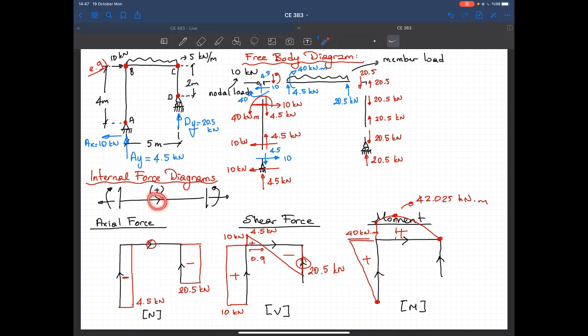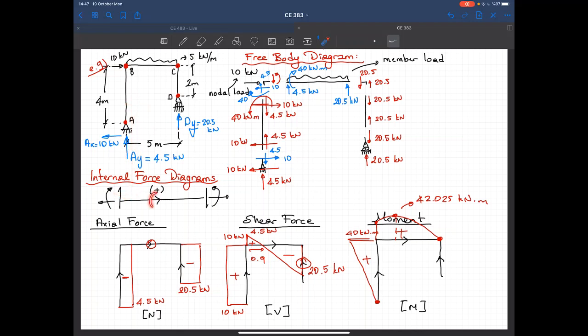These arrows will help me to determine the direction of the forces at the beginning and ends of the members. So here I define my members going from bottom to top. So I rotate that sign convention by 90 degrees. When you do that, this will be your sign convention, and these are the positive directions of the shear.